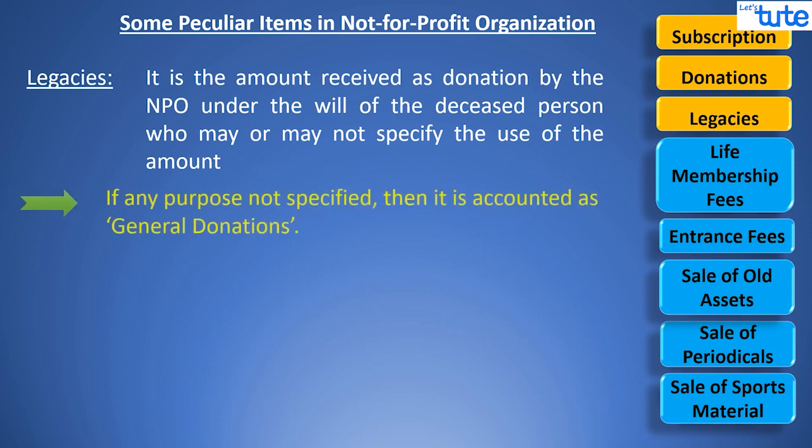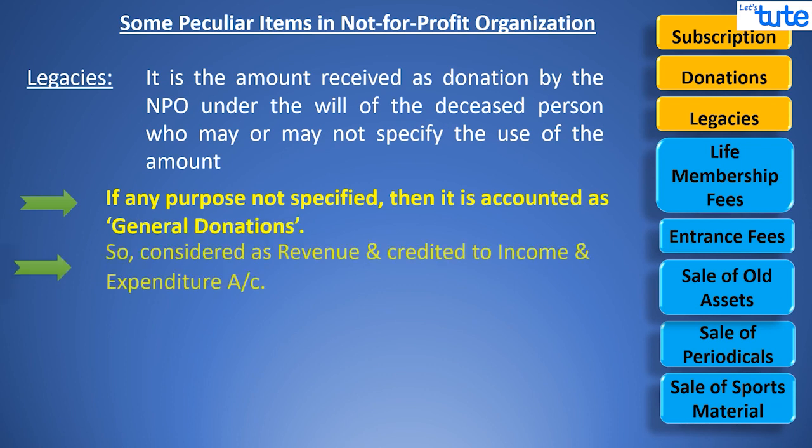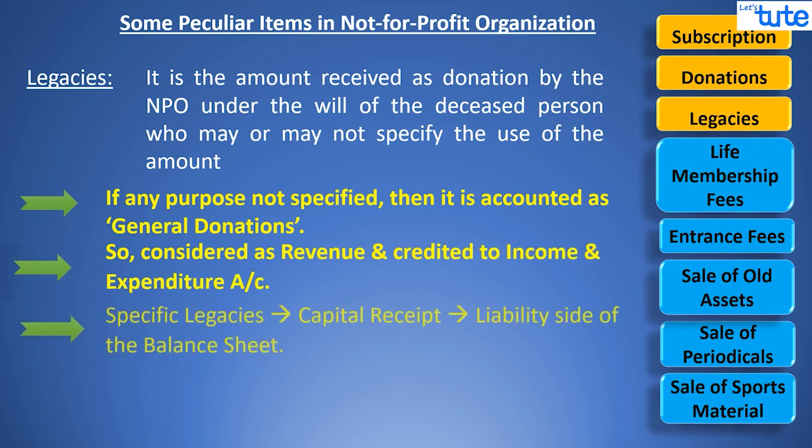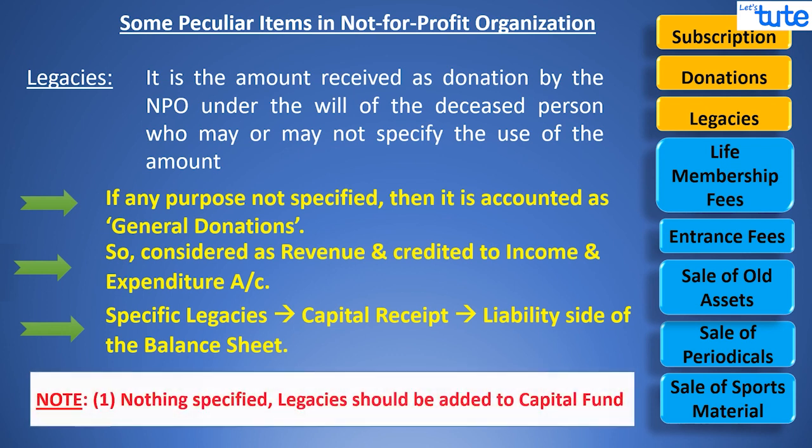If any purpose is not specified, then it is accounted as general donations and it would be considered as revenue in nature, credited to income and expenditure account. Whereas the legacies, use of which is specified, will be specific legacies and are capital receipt, so shown on the liability side of the balance sheet.